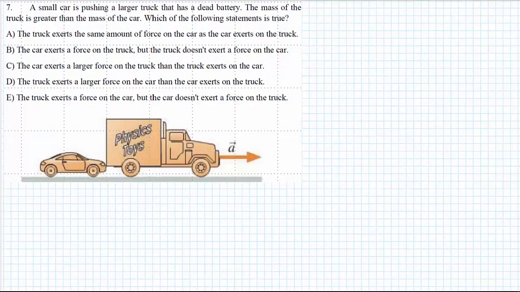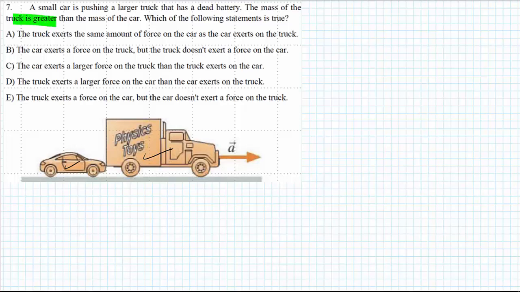Okay. For this problem, a small car is pushing a larger truck that has a dead battery. So this car, number 1, pushes the truck, number 2. The mass of the truck is greater than the mass of the car.